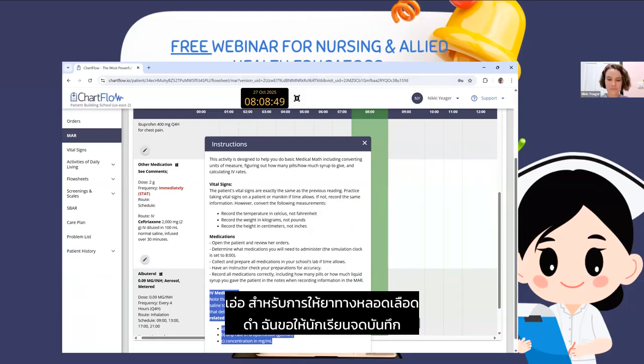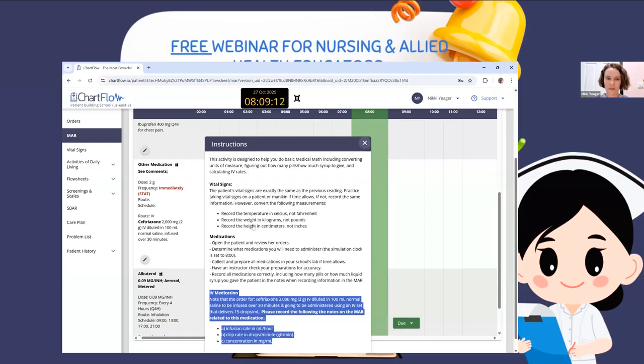For the IV, I'm specifically asking students to write in the notes the infusion rate in milliliters per hour, the drip rate, drops per minute, and the concentration in milligrams per milliliter. So they're going to need to do 3 different things with this IV. And again, it's just like real life. You're going to have to work with all these numbers when you're setting up infusion pumps or dealing with IVs.